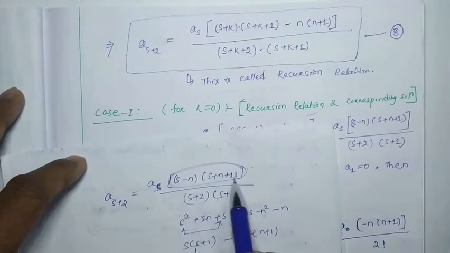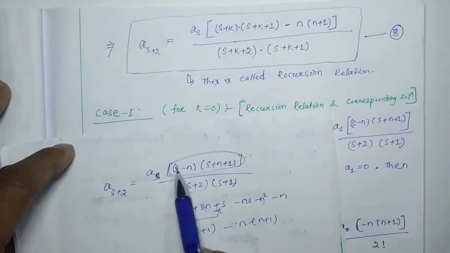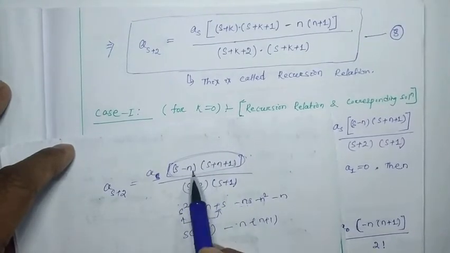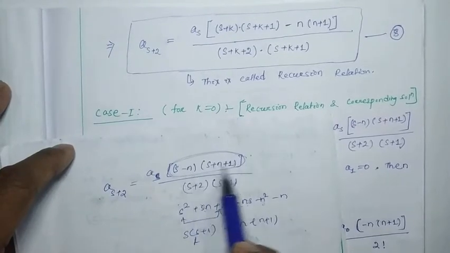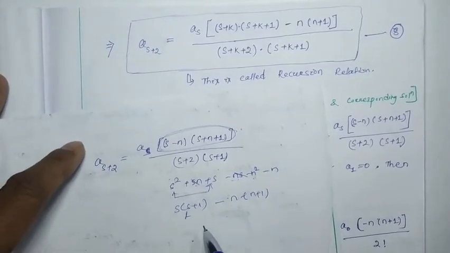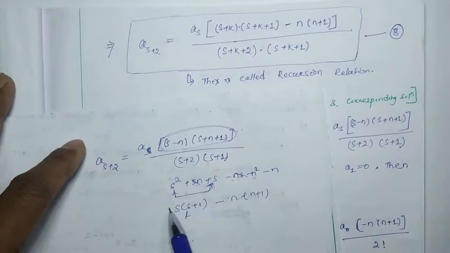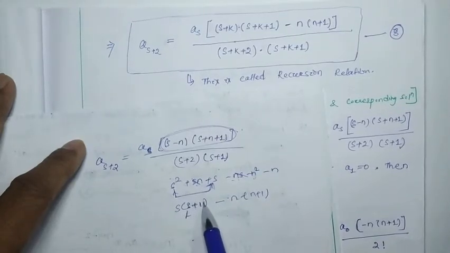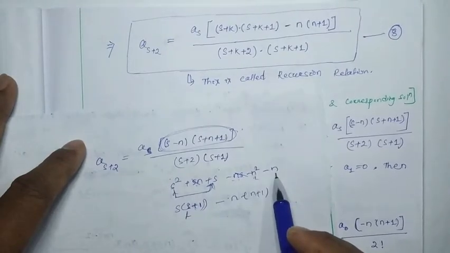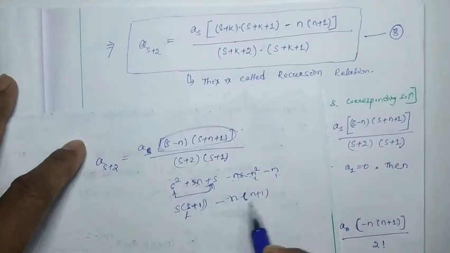If you just multiply these two terms, we get s squared plus sn plus s minus ns minus n squared minus n. Here the sn and minus ns cancel, and taking s common from the first two terms gives s plus 1, and from n squared and minus n we take minus n common, giving n plus 1.